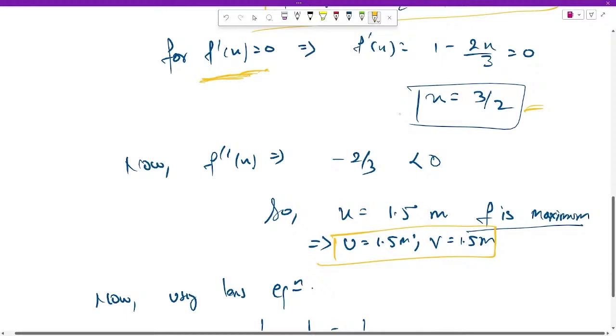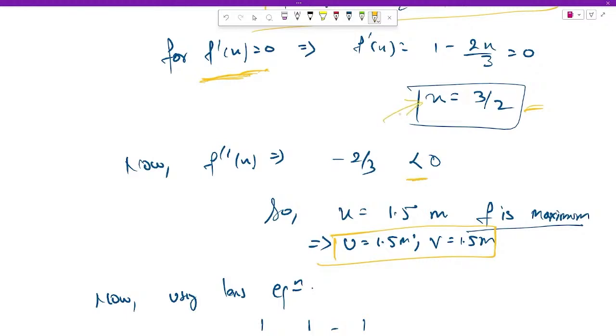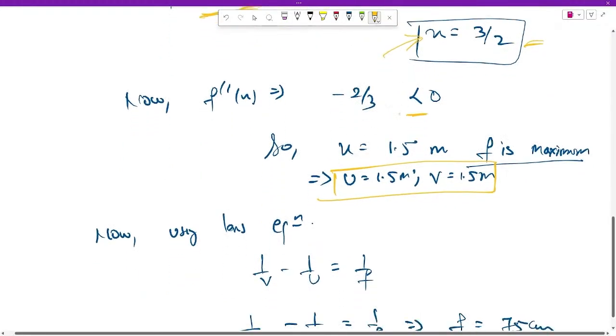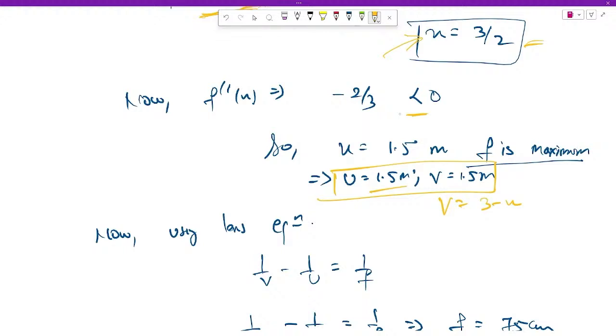Now checking it for the double differentiation, we get a negative. That is, for the value of x as 3 by 2, the second derivative is going to be negative, so f(x) is going to be maximum. Now since we know that v is 3 minus x, and we have got the value of x, that is u, we have got the value of u and v as u equals 1.5 meter and v as well 1.5 meter.